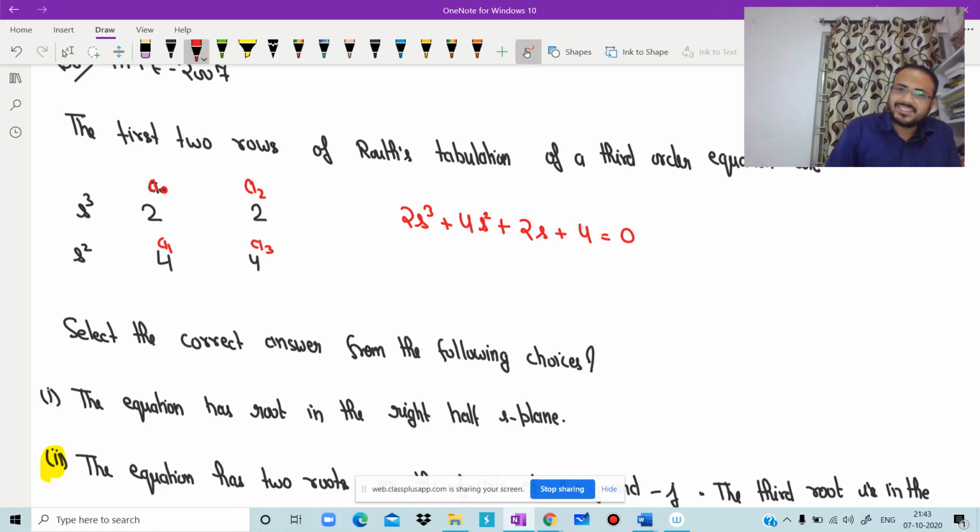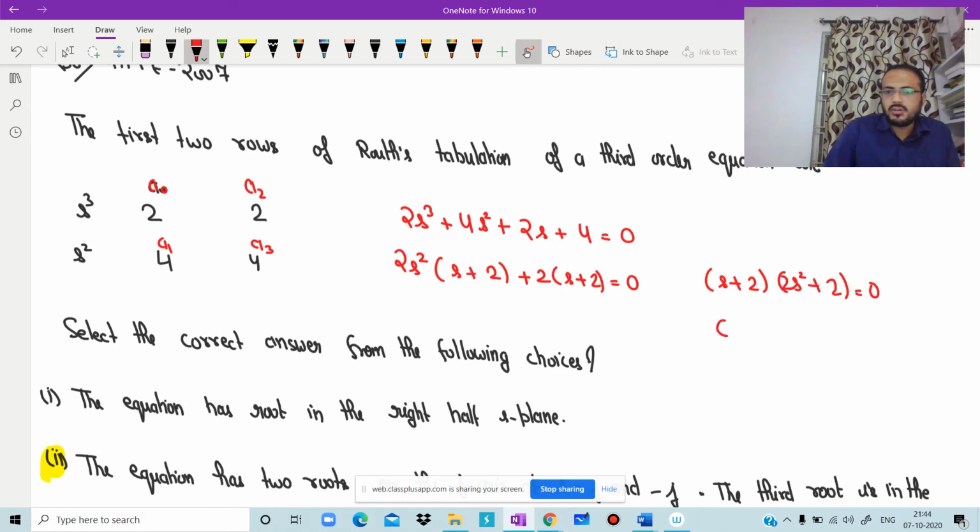This is the only task. Take 2s square common, then you will get s plus 2 plus 2, s plus 2 is equal to 0. So s plus 2 into 2s square plus 2 is equal to 0.